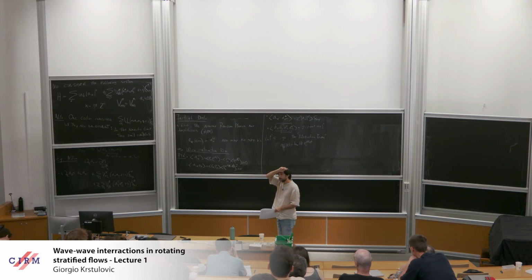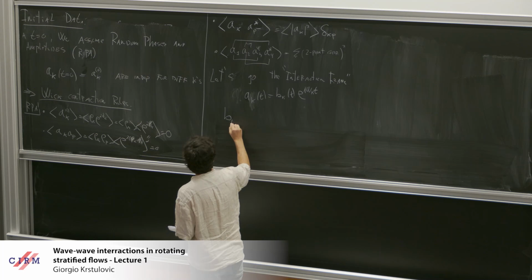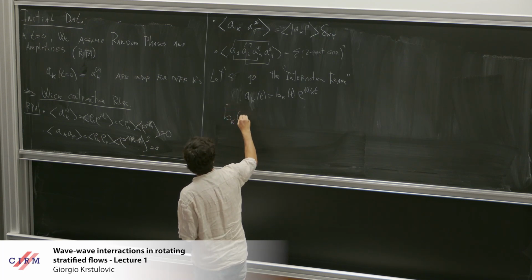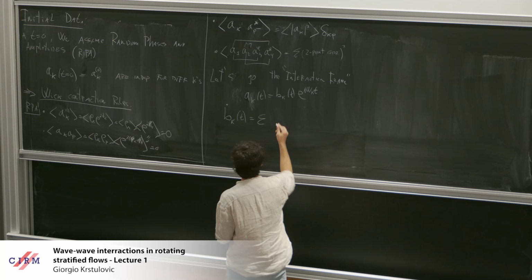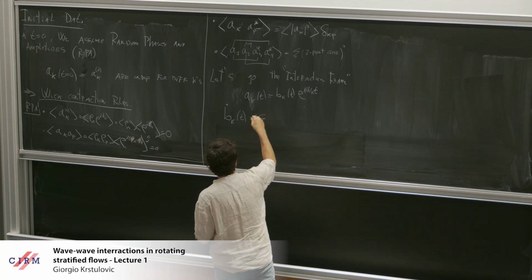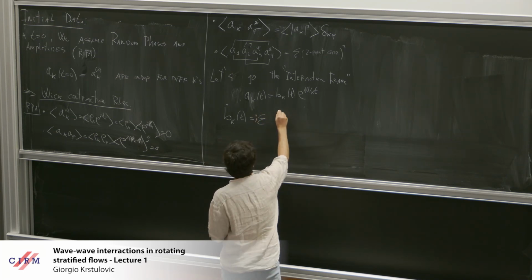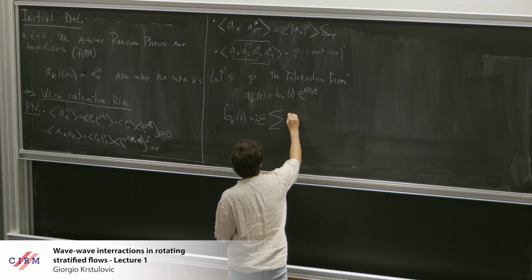Okay, I have the B's, and I need to rewrite the equation for the B's. Right, this is just a trivial exercise. I pass the I to the other side. I don't have a linear term.